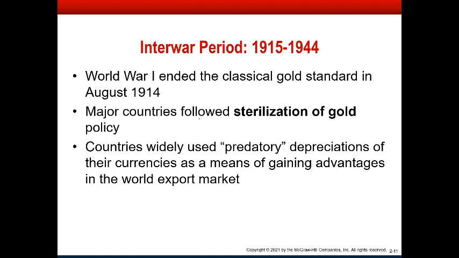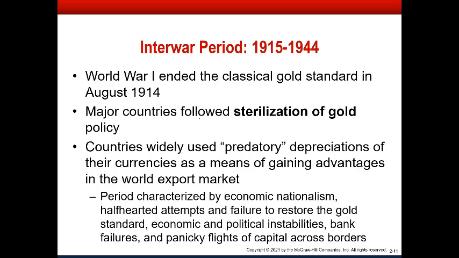We had the Great Depression, not necessarily caused by deteriorations in international trade, but definitely exacerbated by it. Economic nationalism. Countries tried to encourage exports and discourage imports. They slapped a lot of high tariffs on each other.